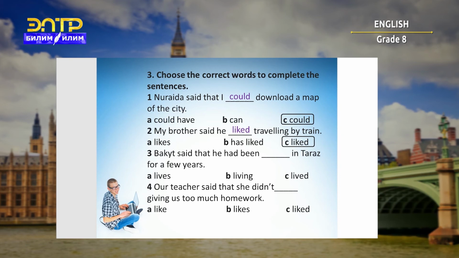Sentence number 3. Bakıt said that he had been living in Taras for a few years. Right. Sentence number 4. Our teacher said that she didn't like giving us too much homework. Right. She didn't like giving you too much homework. Well done. Let's continue.